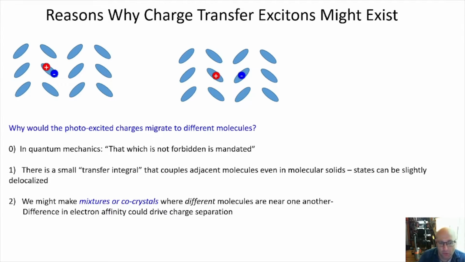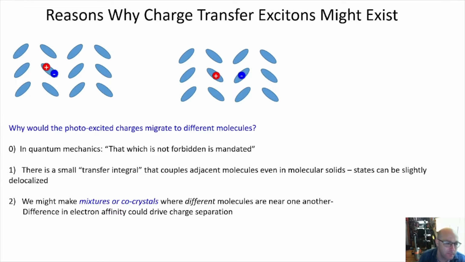To be a little bit more specific, there is always a small so-called transfer integral that couples adjacent molecules even in molecular solids. I mean, this gives rise to their conductivity, their band structure. And so the states are slightly delocalized, and so there's definitely some electronic coupling that would allow migration of charges.